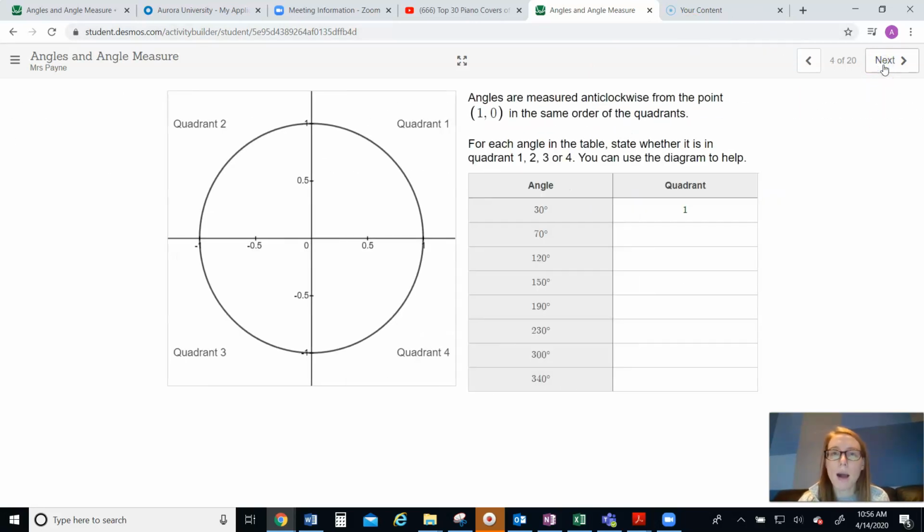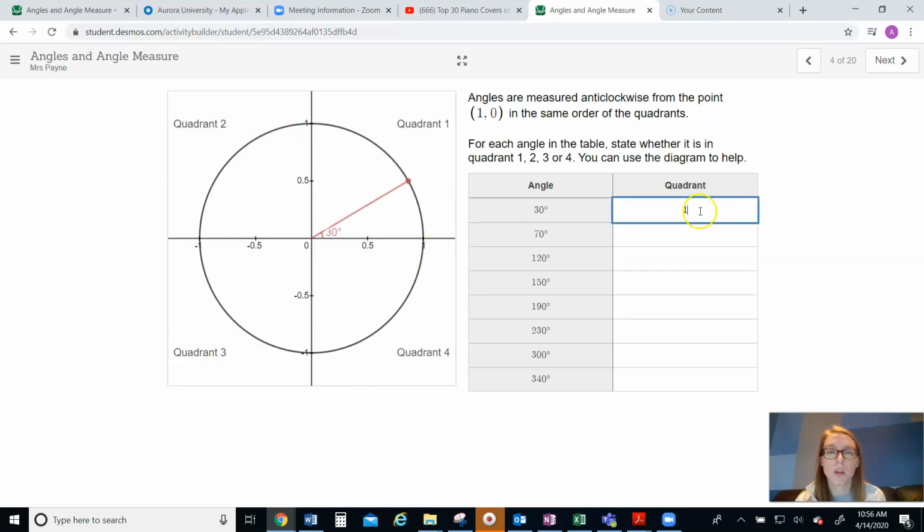All right. This next slide is for you to play around with. It goes through where each angle is. So the biggest thing is angles are measured anti-clockwise from the point (1, 0), and (1, 0) is here, in the same order as the quadrants. So it starts here and goes around the circle this way, because we have quadrant 1, quadrant 2, quadrant 3, quadrant 4.